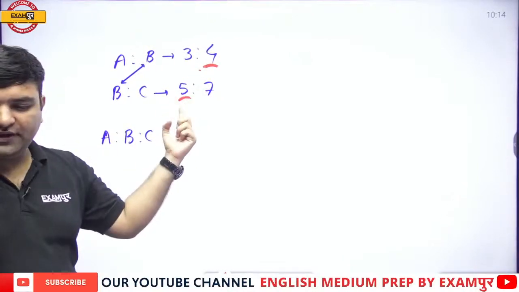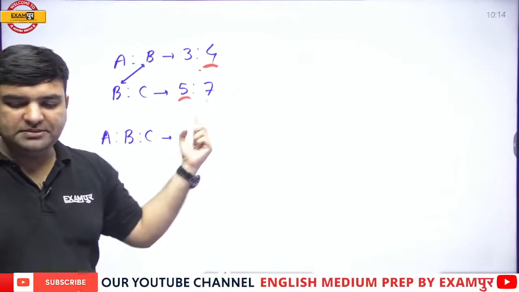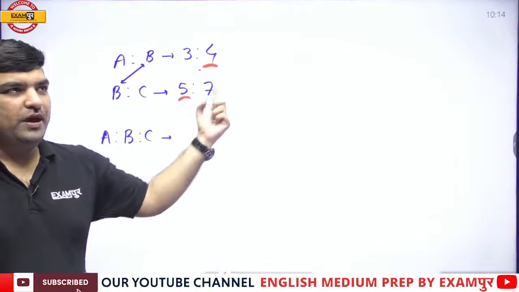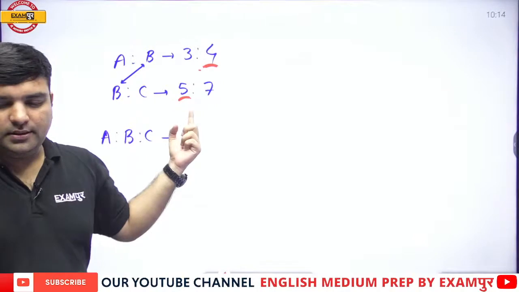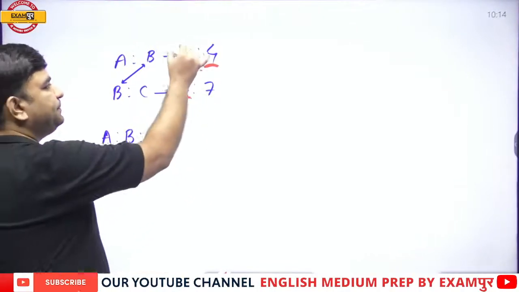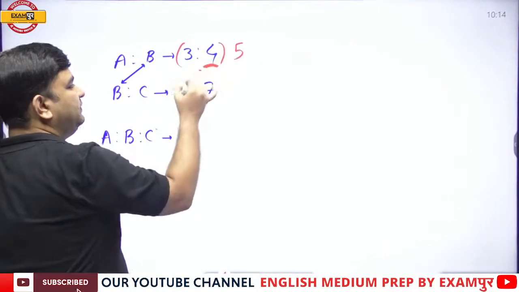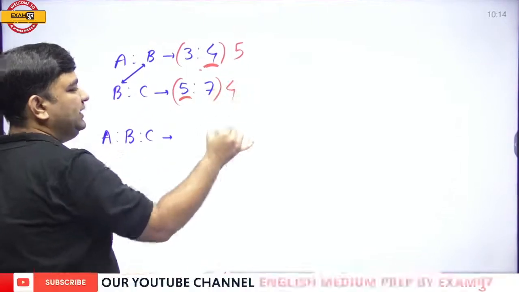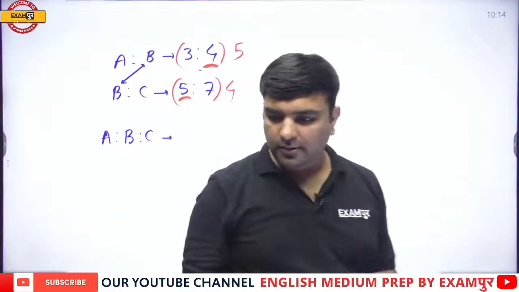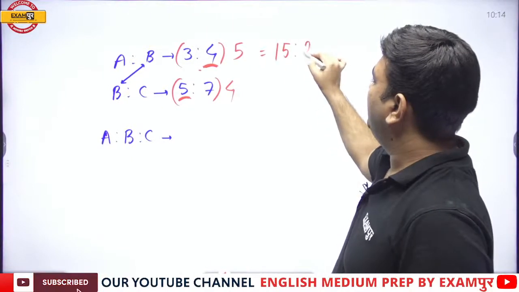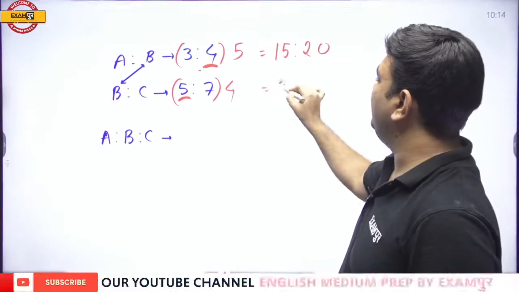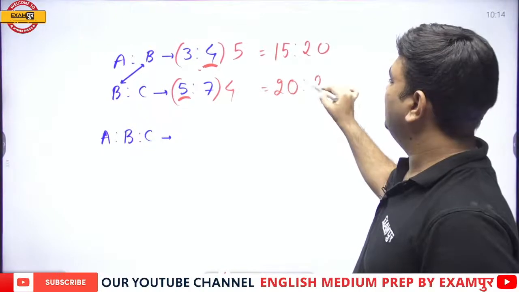It's 4 here, it's 5 here. How can you make 4 and 5 same? Multiply by their inverse, 5 and 4, to make 20 each. So A ratio B will become 15 ratio 20 and B ratio C will become 20 ratio 28.